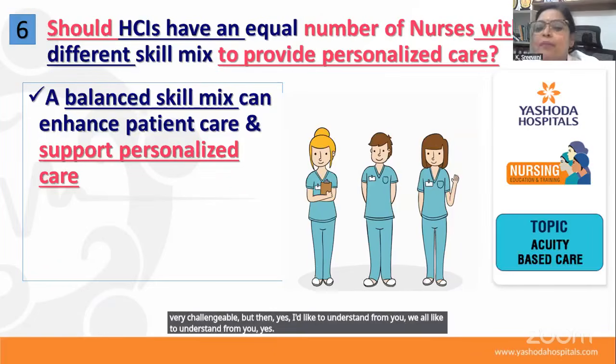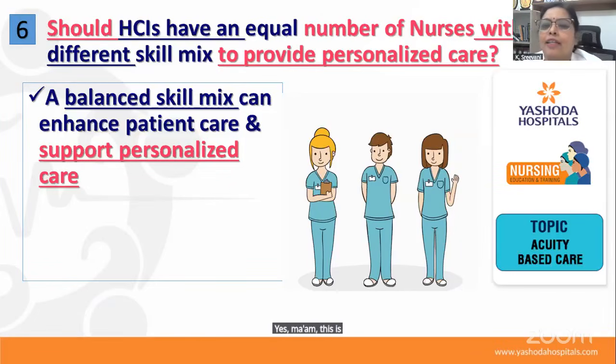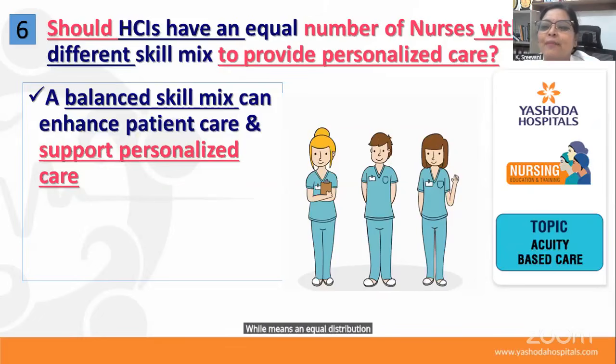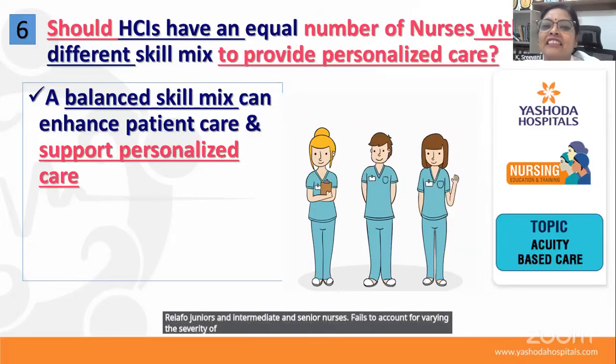Yes, ma'am. An equal skill mix is not ideal for personalized care. An equal distribution of skill levels, a 1:1 ratio of juniors, intermediate and senior nurses, fails to account for the varying severity of patient conditions.